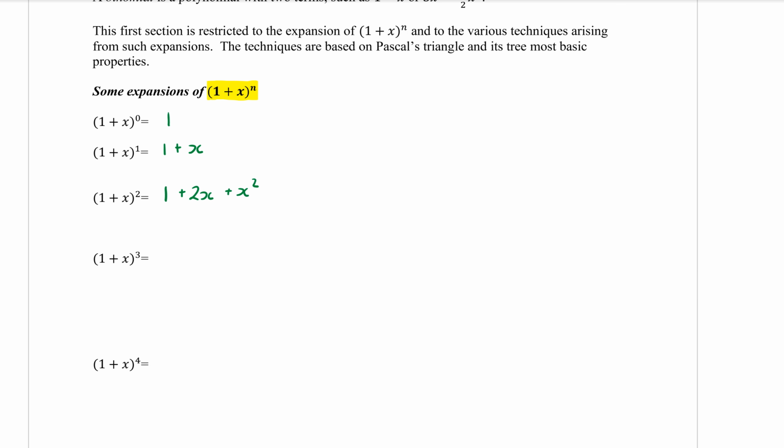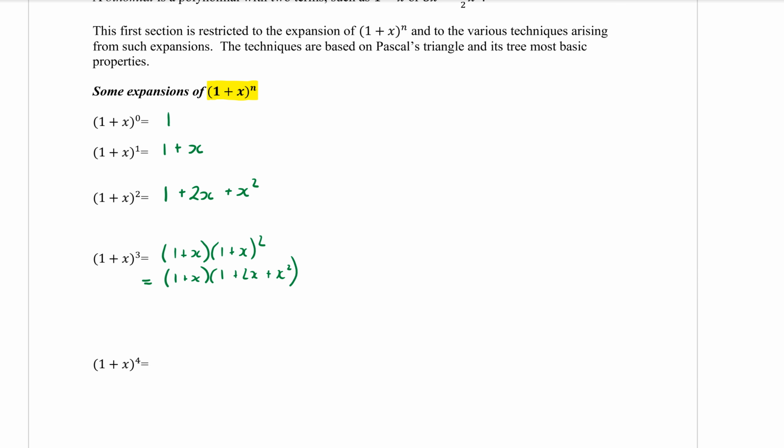If I want to expand (1 + x)^3, what I can do is change that to be (1 + x) times (1 + x)^2. Now we've already expanded out (1 + x)^2. That was 1 + 2x + x squared.